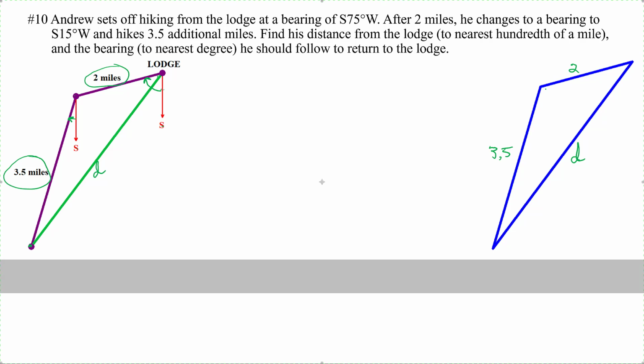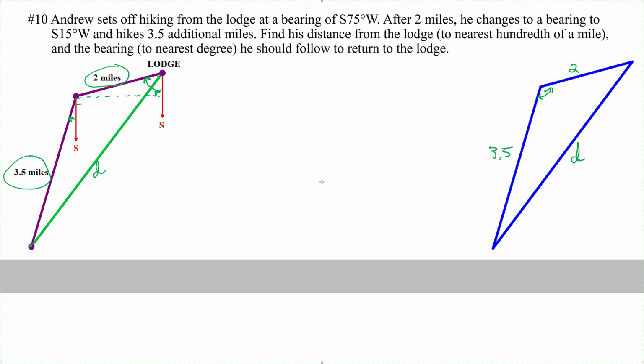So I'm going to try to find what this big angle right here is. To find that big angle, I'm going to look back at what we've got going on over here. I'm going to sketch a right triangle here.